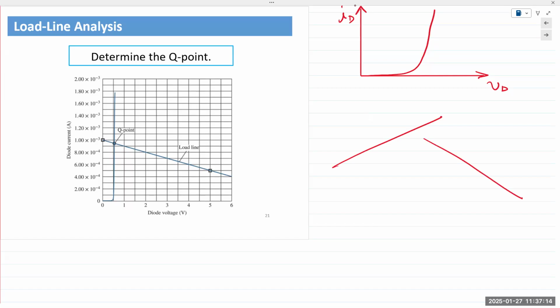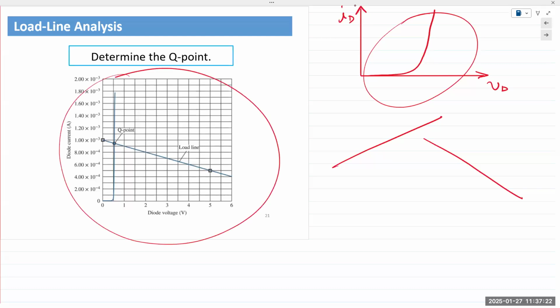And so we'll plot the load line. That load line will intersect this diode characteristic, and we would obtain this point right there. You see that the intersection point is labeled as Q point.